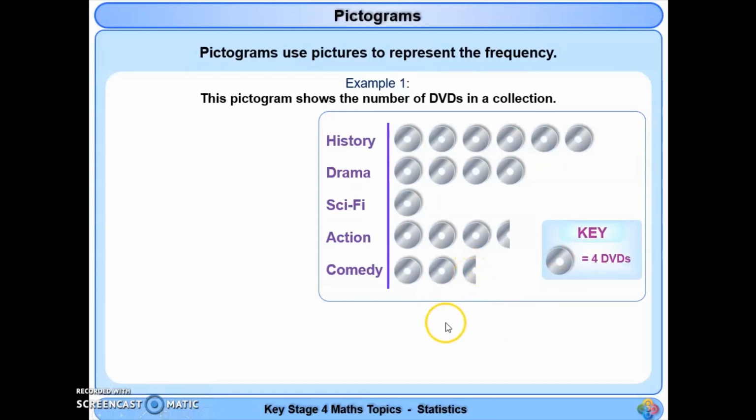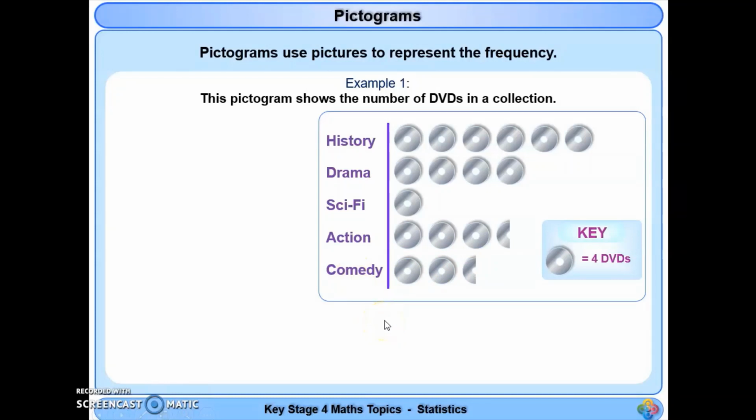You may even get questions where a quarter of the image is visible, and then you'd need to work out what that represents. So if I wanted to ask how many comedy DVDs were in this collection, it would be 4, add 4, add 2, so the comedy frequency would be 10.